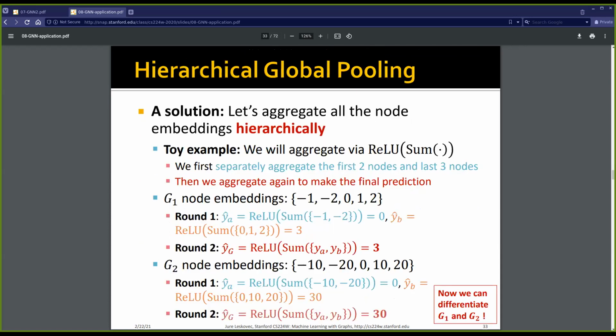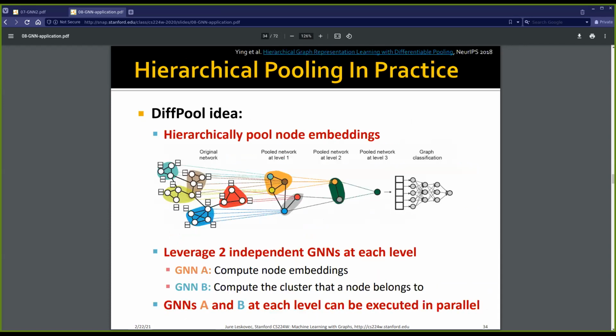So what we can do is aggregate the embeddings in a hierarchical way. For example, the DiffPool architecture does it in such a way that we have two GNNs. One computes the node embeddings and the other one computes the clusters each node should belong to. Then we aggregate the embeddings in each cluster and do another round, and repeat as long as needed until we get a single embedding for the whole graph.